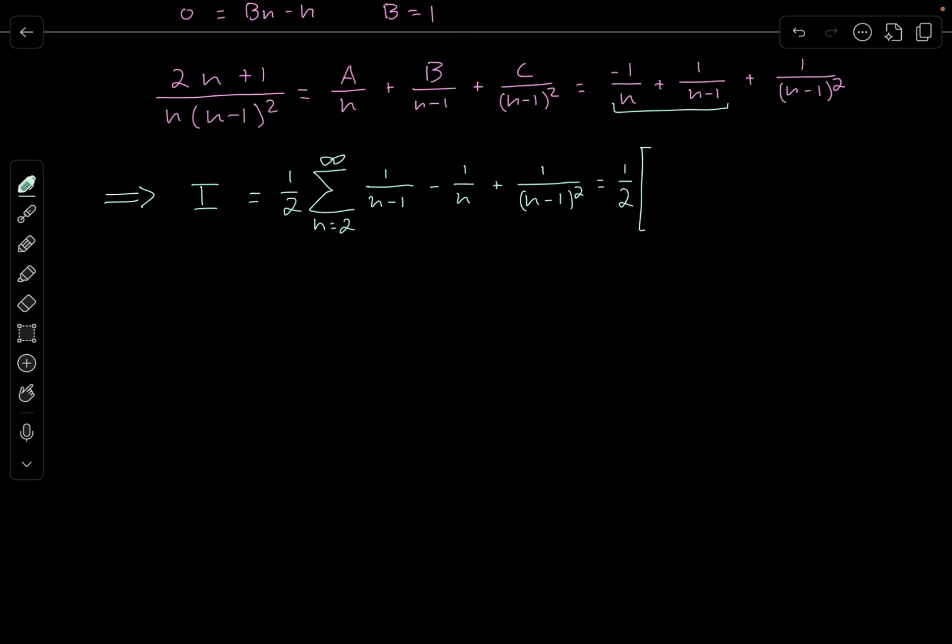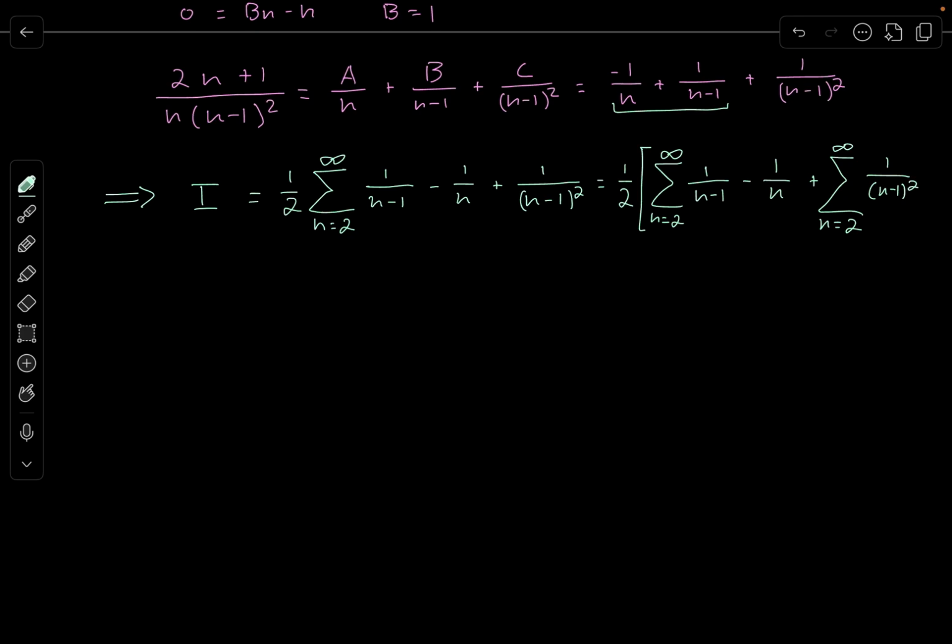So we get 1/2 times the sum of n equals 2 to infinity of 1 over n minus 1 minus 1 over n plus the sum from n equals 2 to infinity of 1 over n minus 1 squared.